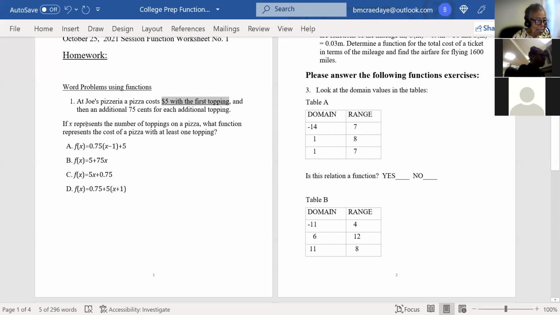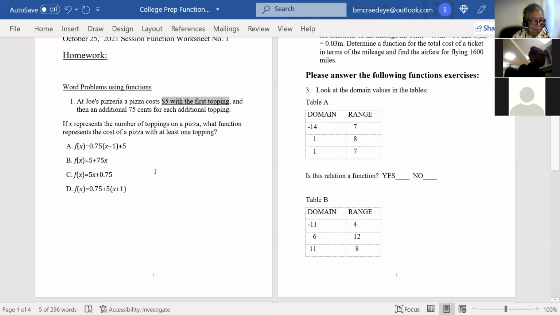So if X represents the number of toppings, what function represents the cost of a pizza with at least one topping? So you've already got one included, right? So that's why you've got to subtract it out here before you multiply it by the 75 cents. Got it?